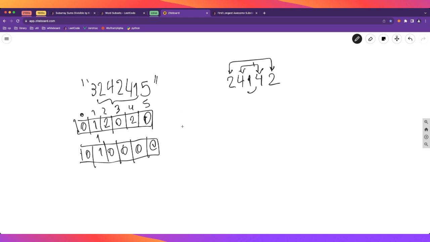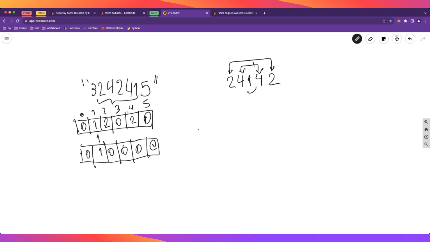And so for a substring to be a potential palindrome, this counter has to have only one 1 and all zeros, or all zeros. Those are the only options. So that is interesting already.